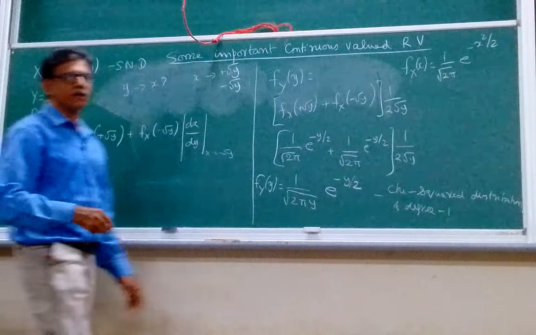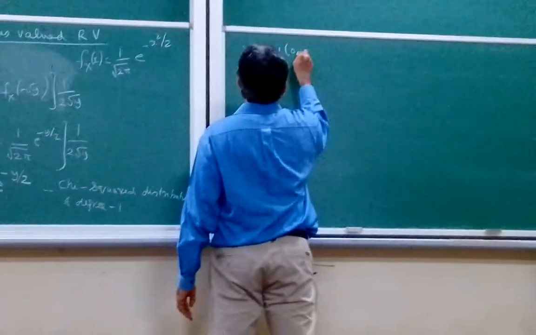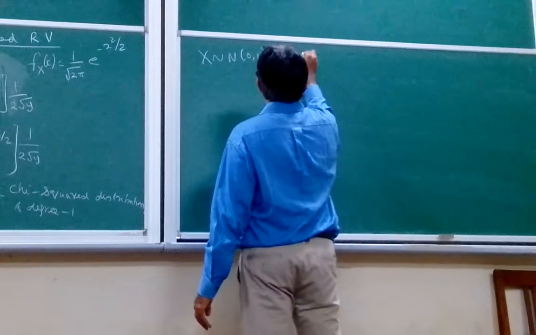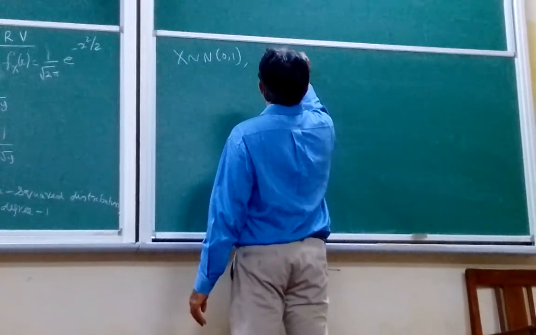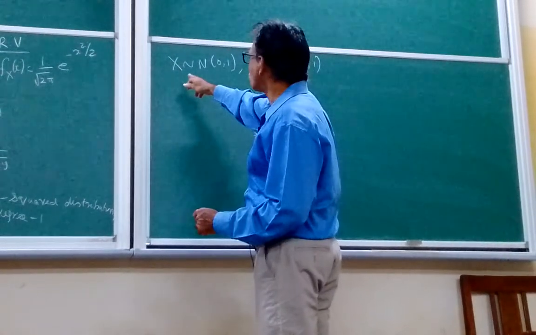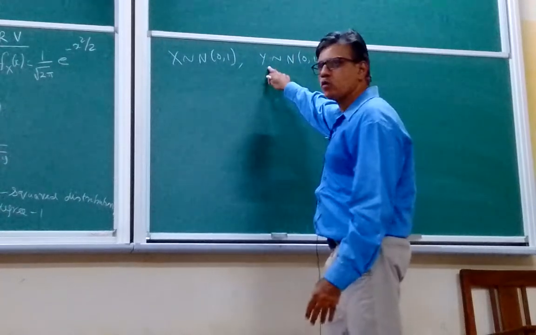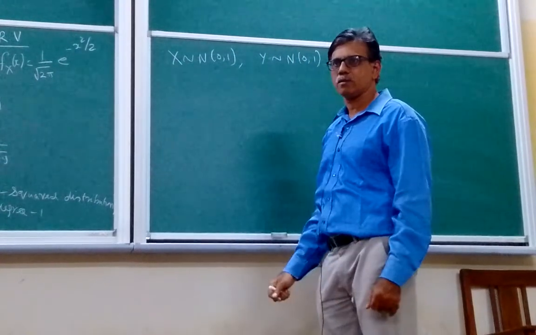Then we have another thing. If X is N(0,1) and Y is N(0,1), we saw that X squared is chi-squared of degree 1. Similarly, Y squared is also chi-squared of degree 1.